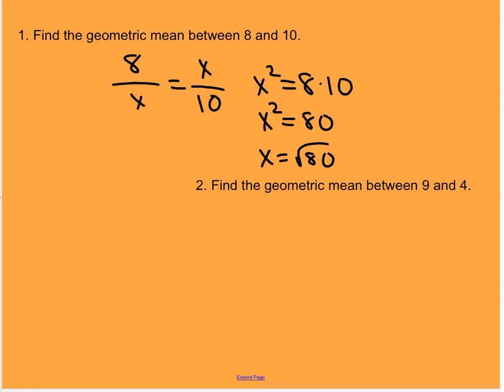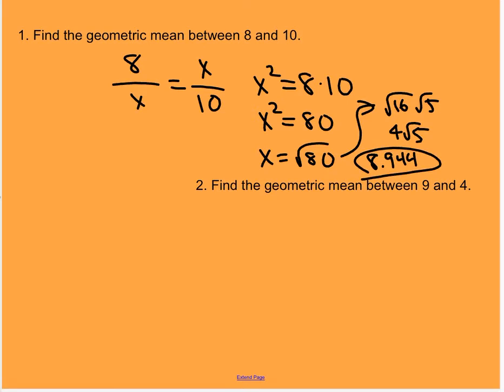My best would be if you would simplify square root of 80, which can be broken down into 16 and 5, which simplified would be 4 square root of 5. So that would be an awesome answer. If you gave me the square root of 80 as 8.944, that would be acceptable.